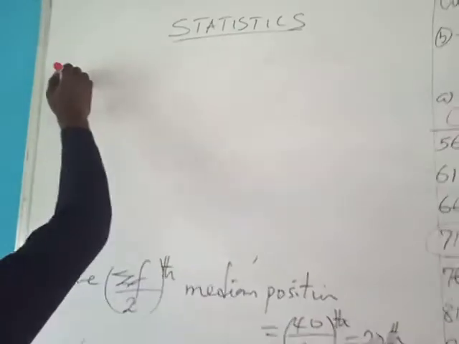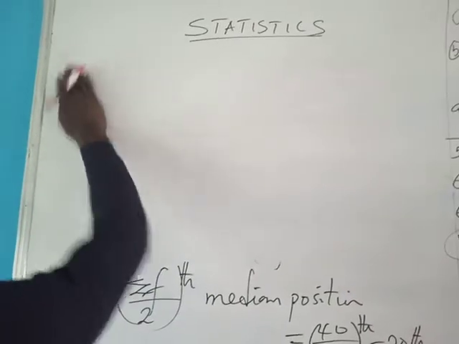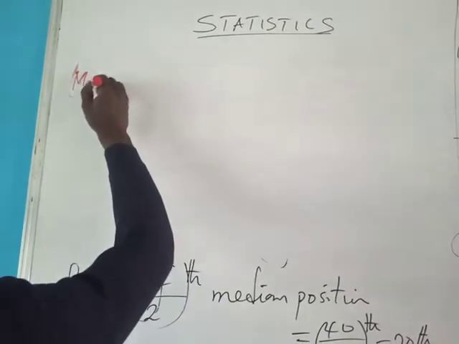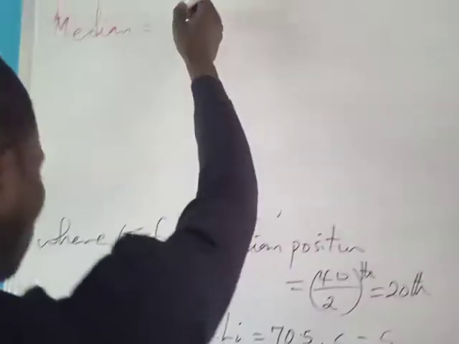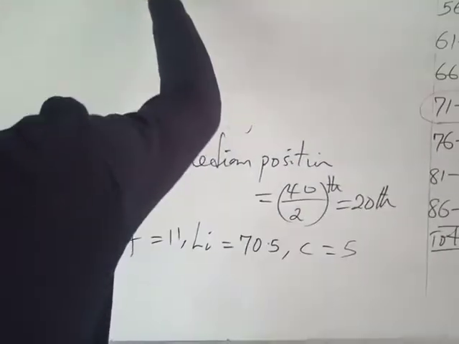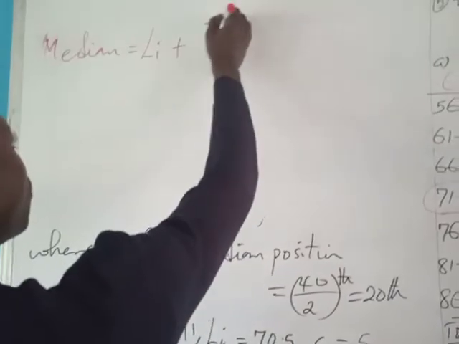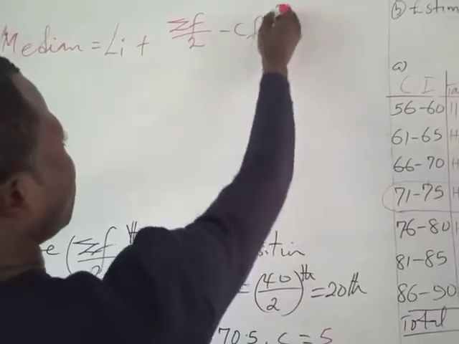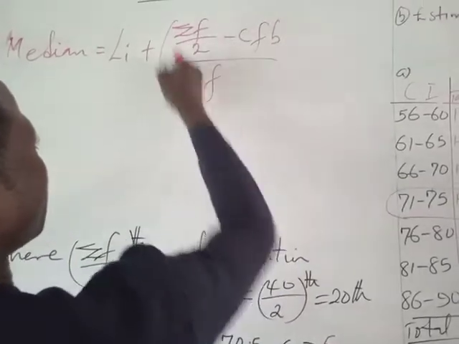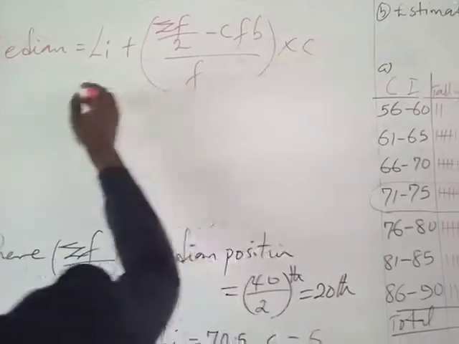Our median will be equal to, substituting into the formula, Li plus summation F over 2 minus cumulative frequency before, all over frequency, times C. So let's substitute.